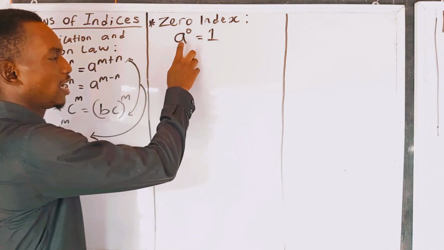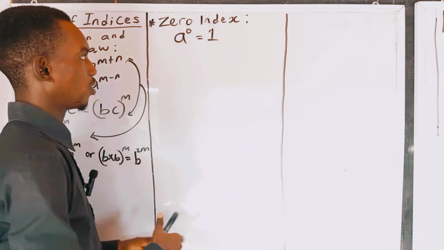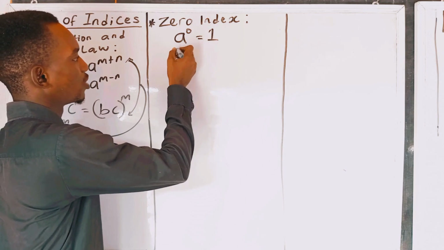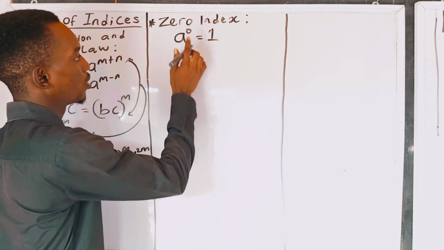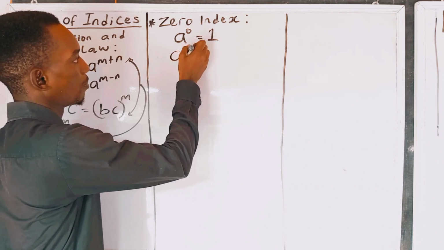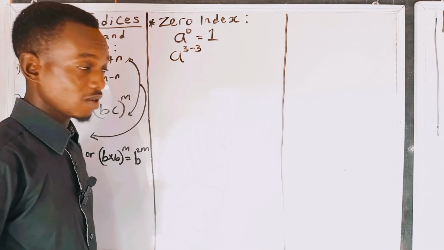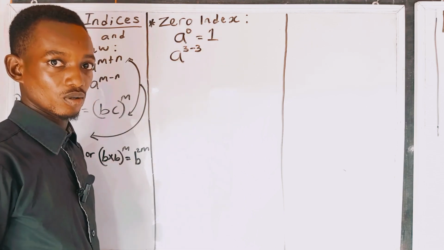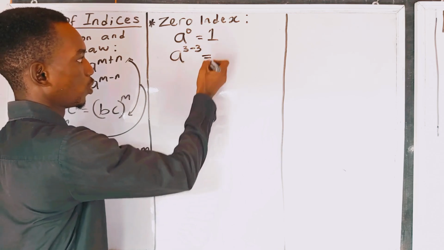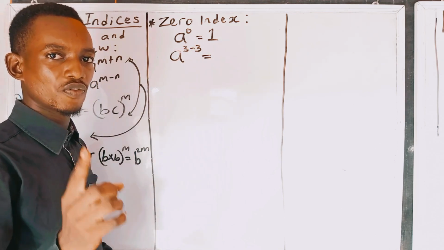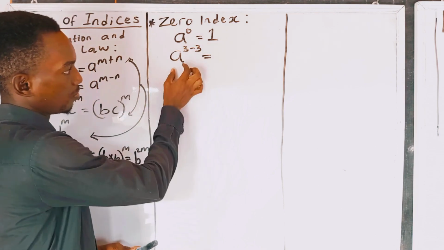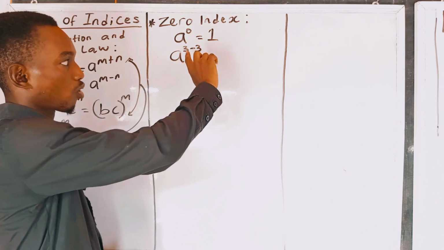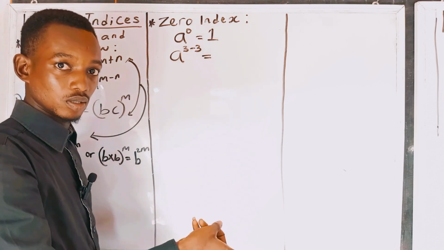If we say a to the power of 0 gives us 1, how? We can rewrite a to the power of 0 as a to the power of 3 minus 3, because 3 minus 3 gives us 0. Also, don't forget I told you before that when you are subtracting powers with the same base, we can convert that subtraction to division.